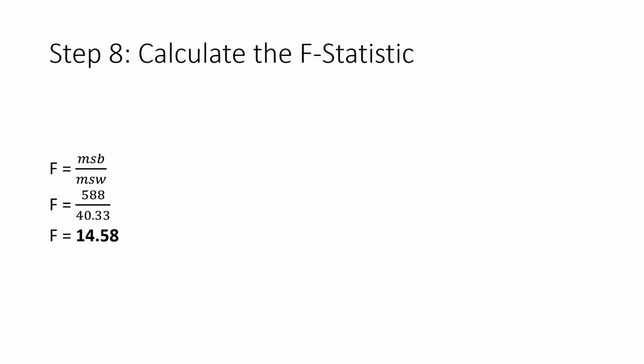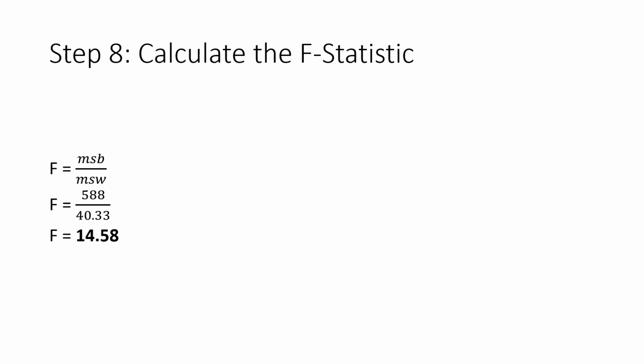And okay, we've reached the final step in the calculation of an F statistic for a one-way analysis of variance. And again, this is a simple equation as long as you have calculated the mean squares between and the mean squares within, which we have. So you'll recall from the last couple slides, mean squares between corresponds to 588, and mean squares within corresponds to 40.33.